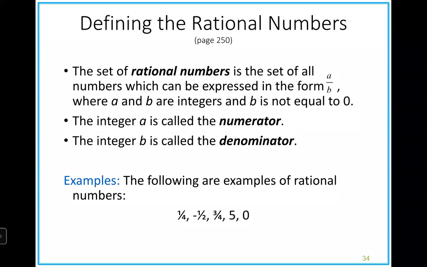Okay, and they give you some examples. A quarter, negative a half. So you could have negative numbers too in the rational numbers, negative fractions. 3/4, 5. Now, how could you express 5 in the form A over B?